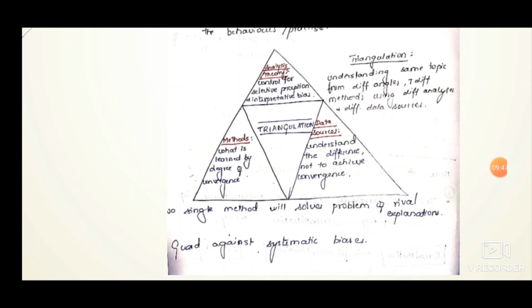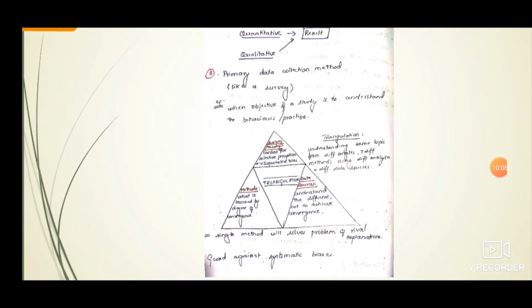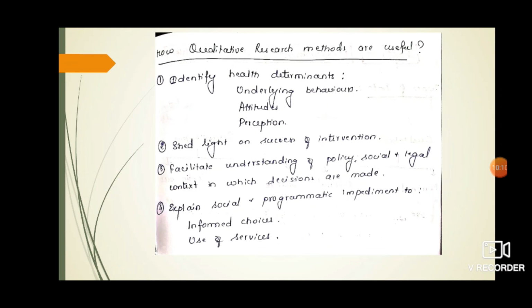And in the data sources we will know the differences across the different data. This is called triangulation, and there is no single method which will solve the problem of rival explanations, so triangulation helps us guard against systematic biases.